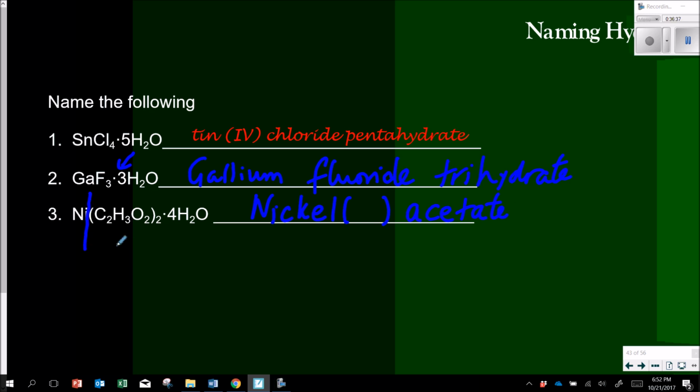I know that acetate has a charge of -1, but I have 2 acetates, so I'll multiply that by 2, and the total charge on the anion side is -2. So the total charge on the cation side to balance has to be +2. So I have nickel 2 acetate. Now I look at my water molecules. I have 4 water molecules. 4 is tetra. So tetra hydrate.